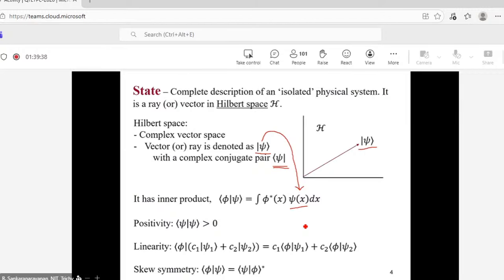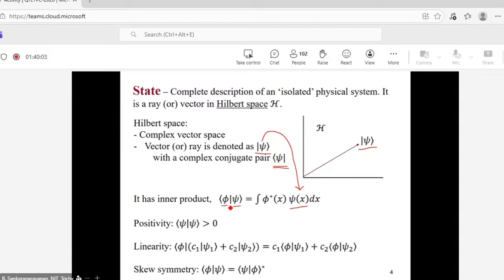Now, having defined the state vector or ray, we have to work with the Hilbert space and define certain mathematical operations on the vector psi. Suppose you have two states, psi and phi.